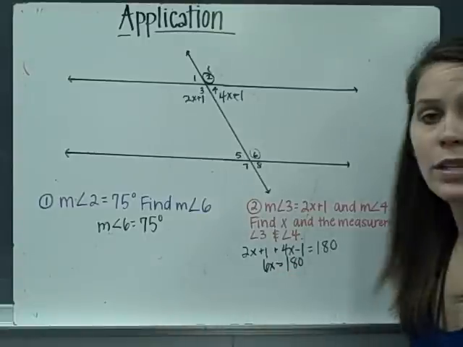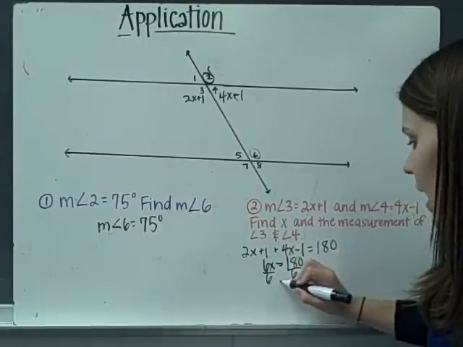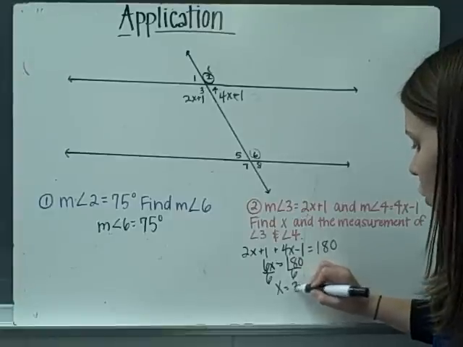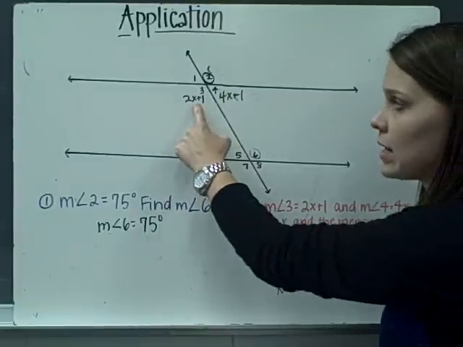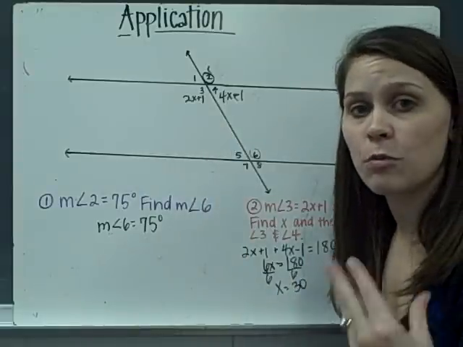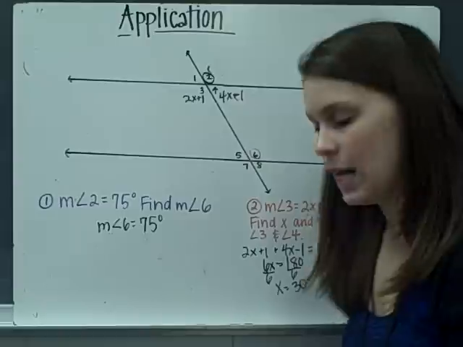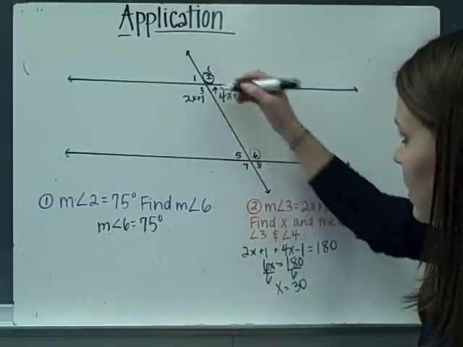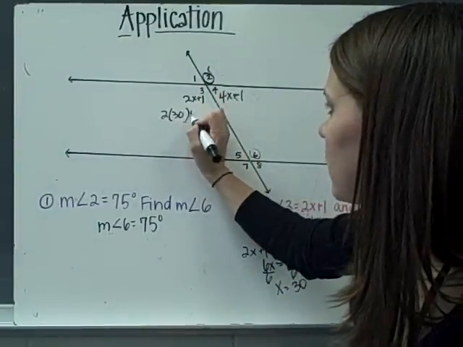Well, now we just have a one-step equation, so I'm going to divide by 6, and I get x to be 30. That is not the measurement of 3 and 4. That's just what x is. So to find the actual measurement of angle 3 and angle 4, you have to plug it back in. So if we plug in for angle 3, we'd have 2 times 30 plus 1.